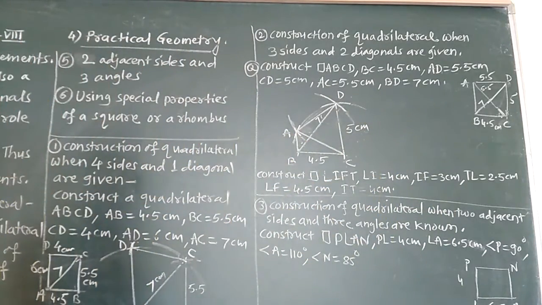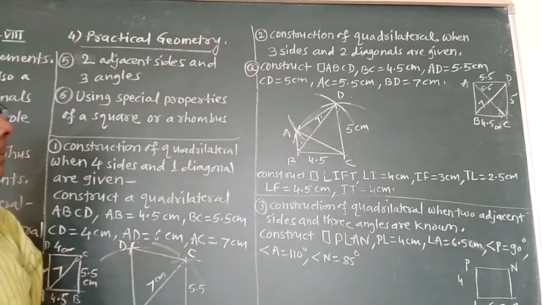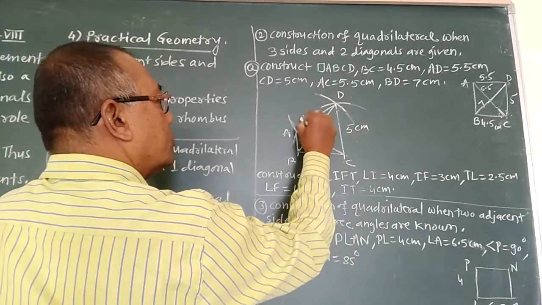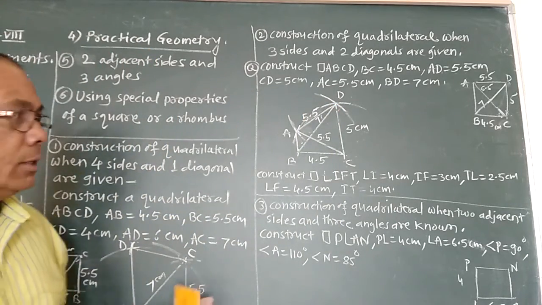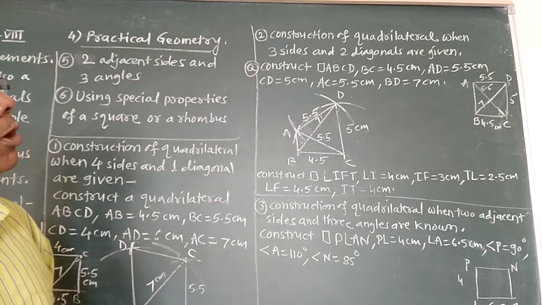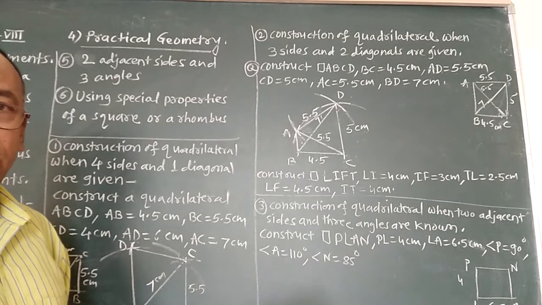In this way we got our quadrilateral ABCD, in which this is 5.5, this is also 5.5. So this is the construction of quadrilateral when three sides and two diagonals are given.